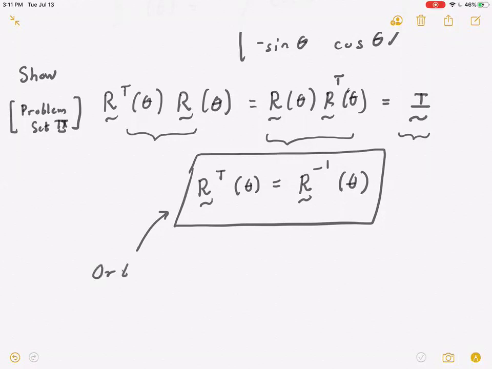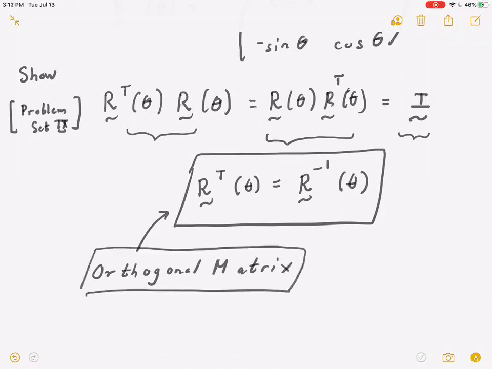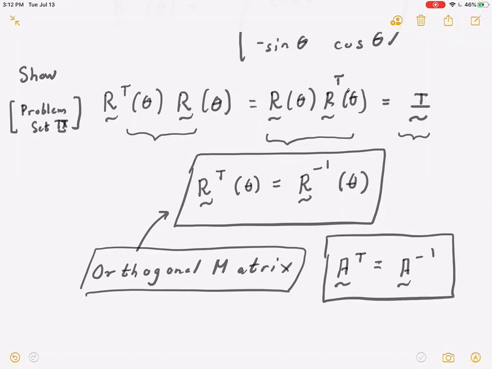Any matrix that has this property is known as an orthogonal matrix. So if you have a matrix A and its transpose equals its inverse, then that matrix is orthogonal.